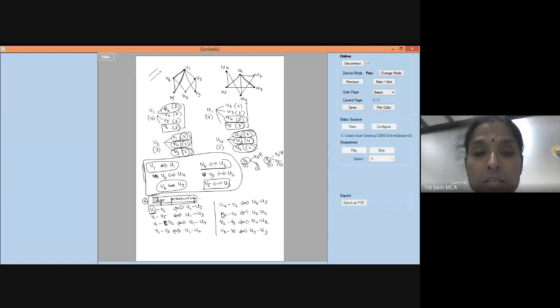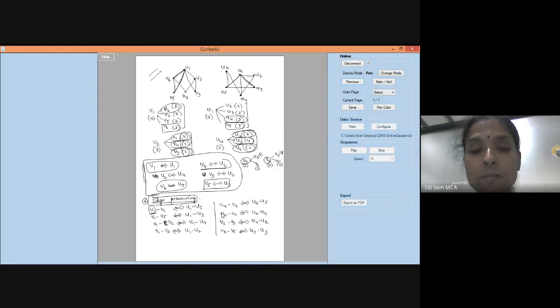Next, each edge of this G1 should be mapped to a corresponding edge of G2. That is what you call one-to-one mapping. We cannot bring in a new edge, nor can you omit an existing edge. V1 to V6, there is an edge in graph G1. V1 to V6 edge has to be mapped to one of the 8 edges of G2.